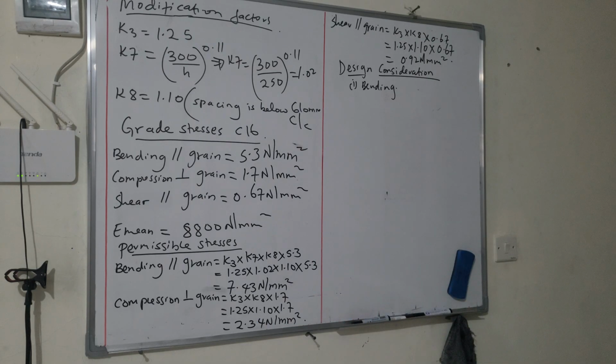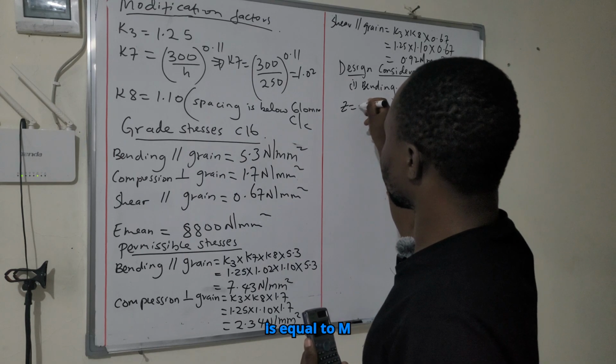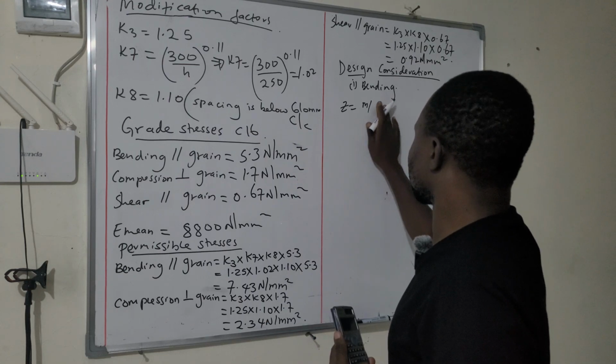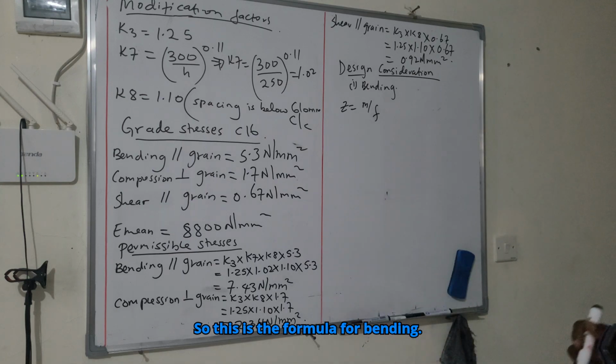So we know that Z is equal to M over F. This is the formula for bending.